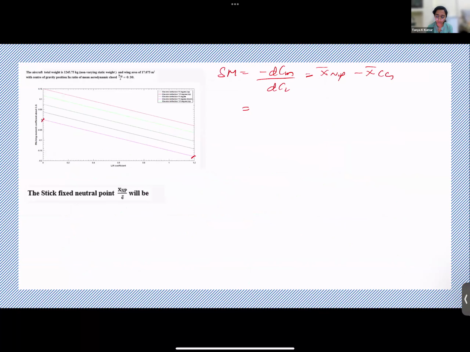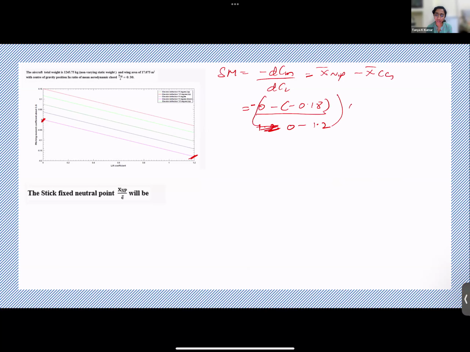Okay, so put it here. At this point it's 0, at this point it's minus 0.18. So 0 minus of minus 0.18. What about lift? It is 1.2. So it's 0 minus 1.2. Correct? So what is the slope here? And it has a negative sign.